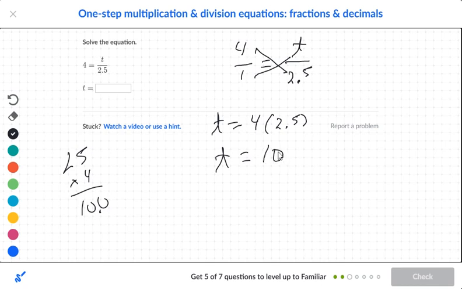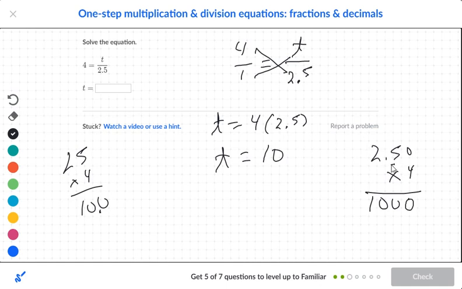Or another way of thinking about it, if you have $2.50 and you times this by 4, when you adjust your decimals over, you're going to get 100 right here, and you're going to get another 0 because I'm going to have to add a 0 there.